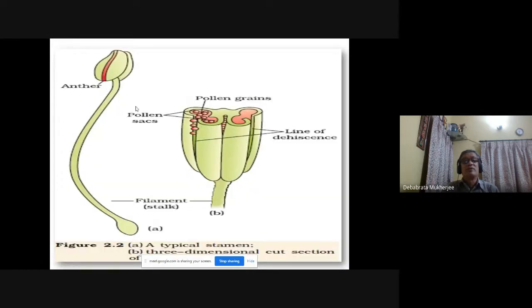Here I have shown you the picture of the anther as well as the filament, and if you cut a section of the anther, you will see the pollen grains and pollen sac. All will be explained subsequently.